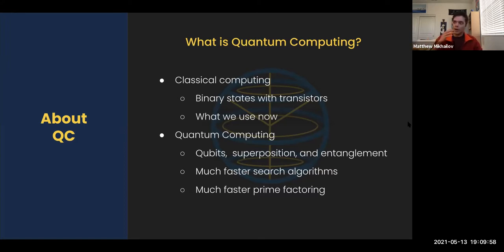If a problem has a natural period, then you can exploit that using the quantum properties. It also has some potential for simulating quantum physics, so quantum materials and that kind of thing. This is really interesting for clean energy research, for instance solar panels and optics and even transistors. So it's an interesting field, it has a lot of promise, and it's very complicated.